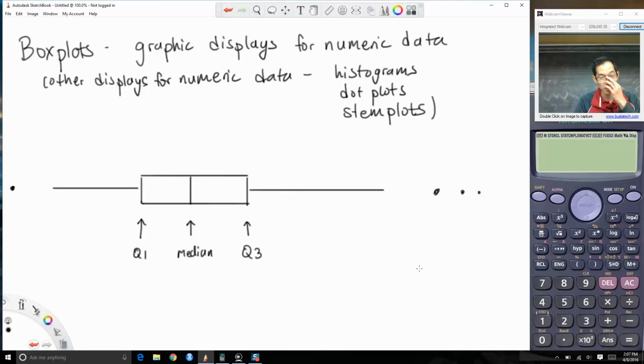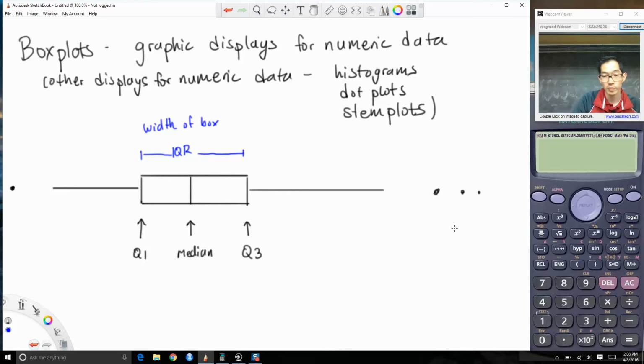So what is the width of the box? The width of the box is the IQR, because the IQR is the distance from Q1 to Q3. Just by looking at the width of the box, we get a sense of the spread, and by looking at the whiskers and the outliers, we also get a sense of the range as well.